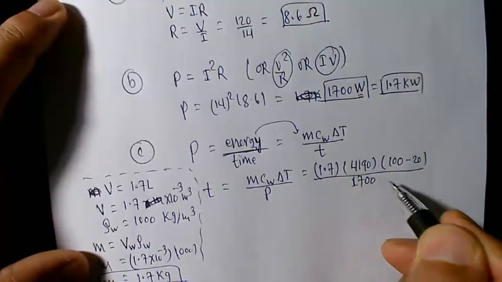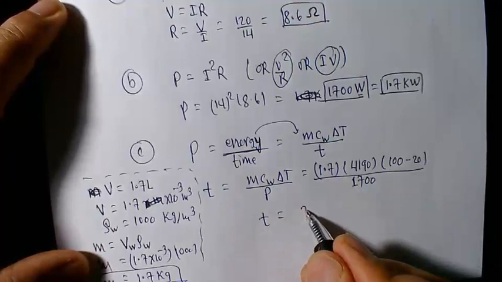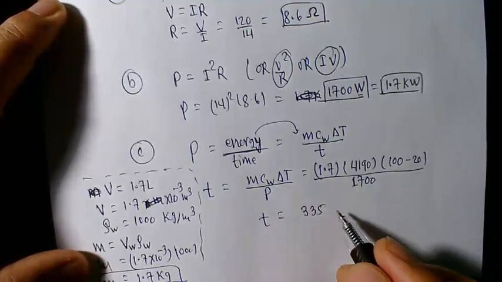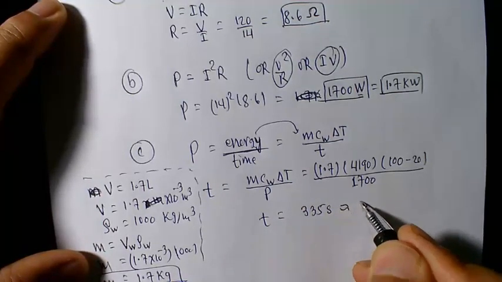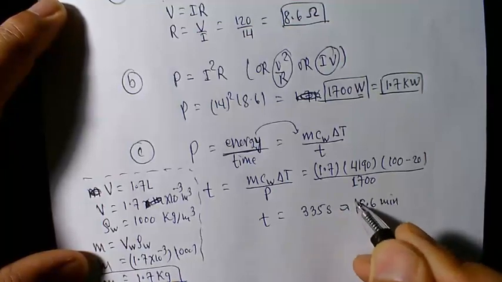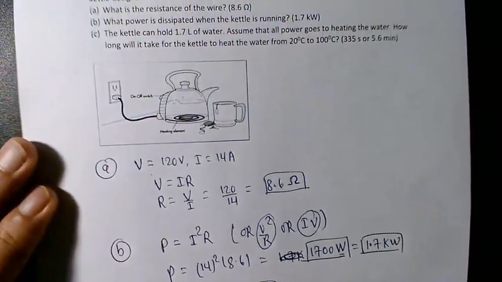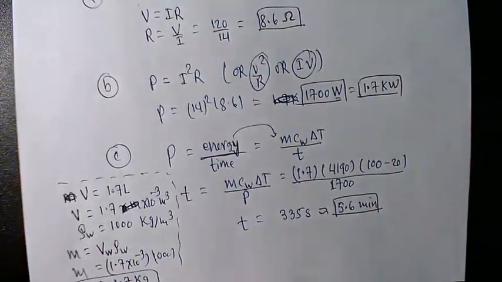You must put in watts. So the time it takes, if you do this calculation, is about 335 seconds, which is about 5.6 minutes. So it takes about 5 or 6 minutes to boil water, and it makes sense from a practical example. Okay, so that's how you solve this problem.